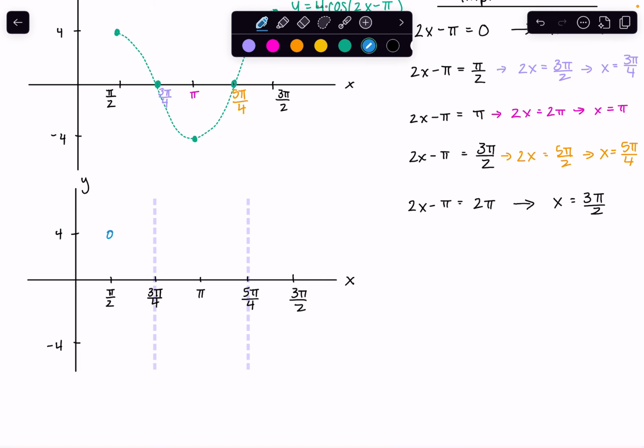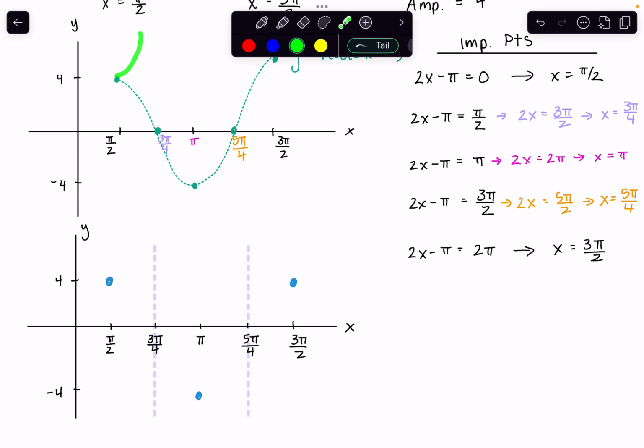So that point stays, this point stays, and then this point stays. And then your graph is going to flip. So here it's going to flip upwards, here it flips downwards, and then here it flips upwards. So your graph goes up, here it goes down to hug those asymptotes, and then here it flips up. So this would be the graph for secant of 2x minus pi.